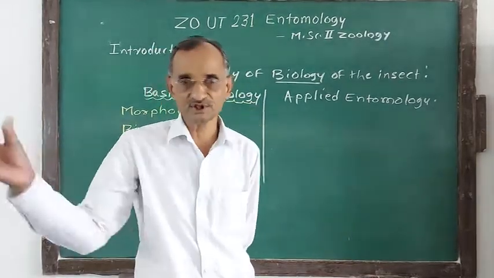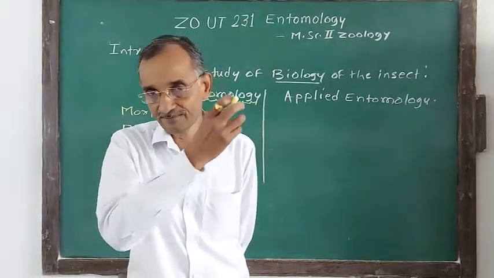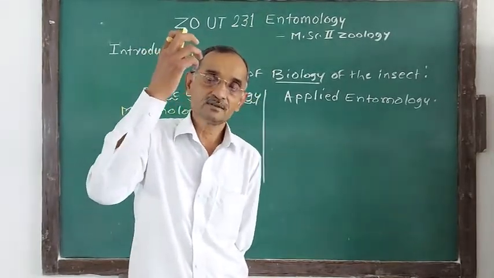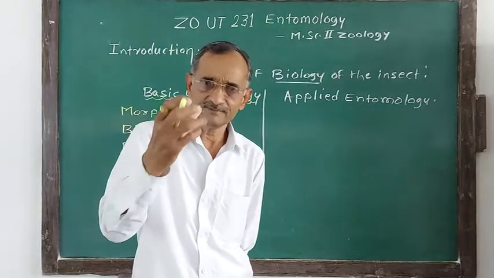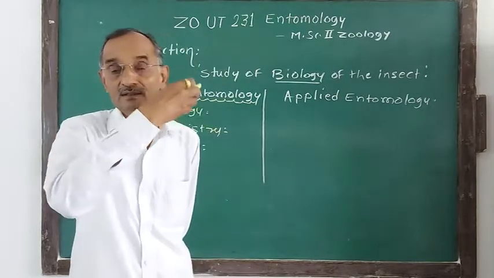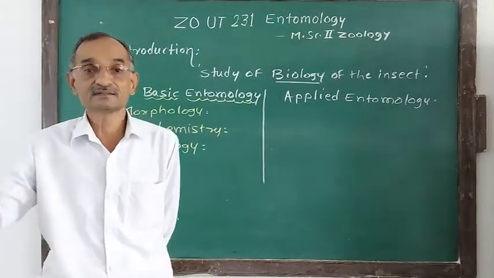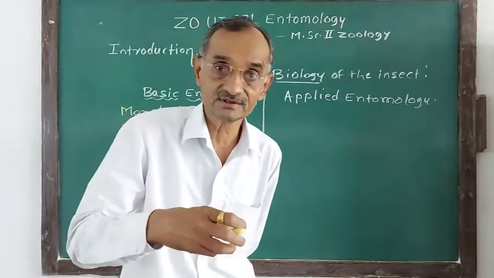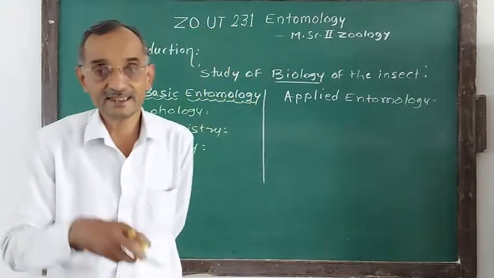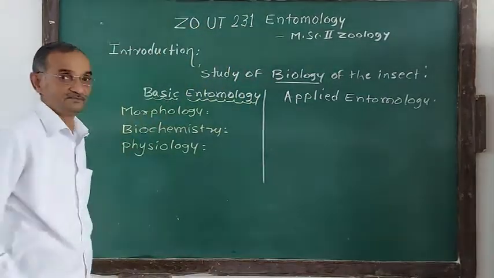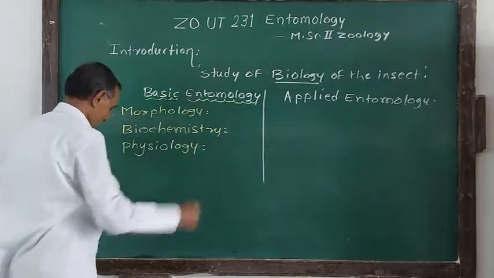For example, the nervous system, for example, flight, and different types of morphological structures, how they work in the body of the insect, that is studied in physiology. Of course, these all deal with basic entomology.